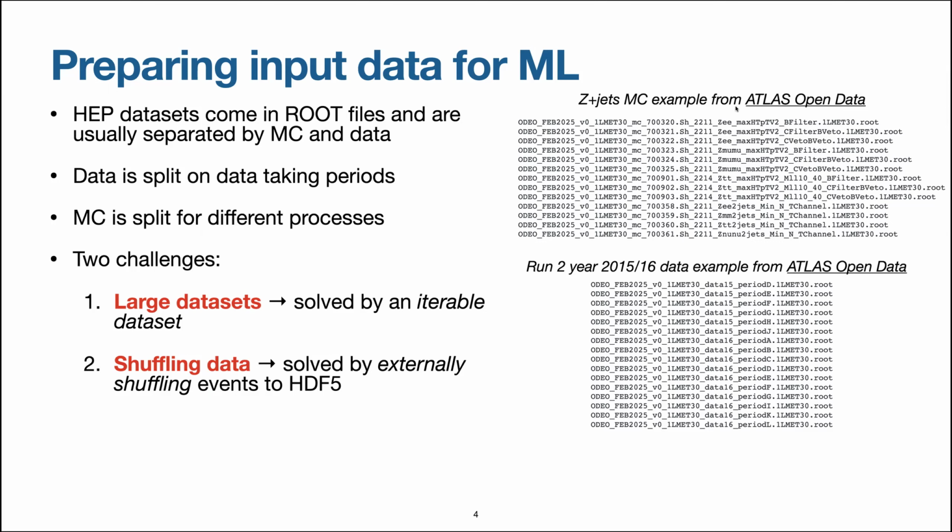So this is basically how the input data looks like, and we want to read this and use it in machine learning. With this, there come two challenges. First is that these are large data sets and they don't fit into memory, and I will show you how I solve this by an iterable dataset in PyTorch. The second issue is that you need to shuffle the events, and I solved this by externally shuffling events to HDF5 files.